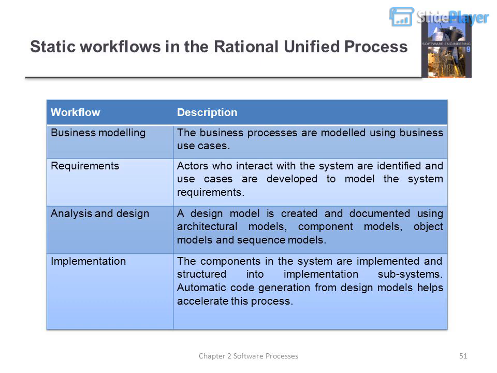Analysis and design. A design model is created and documented using architectural models, component models, object models and sequence models. Implementation. The components in the system are implemented and structured into implementation subsystems. Automatic code generation from design models helps accelerate this process.